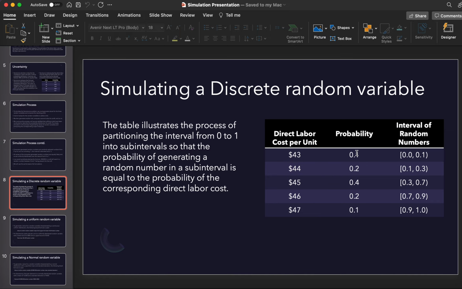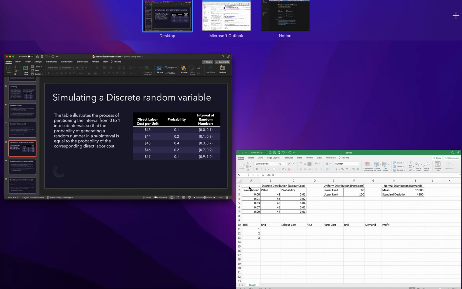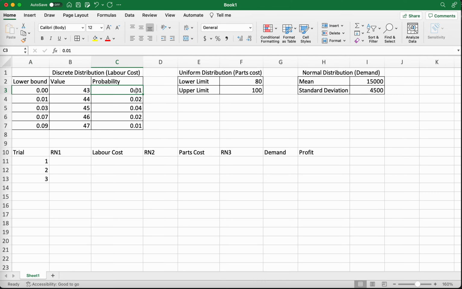Oh, I'm sorry, the probabilities should be 0.1, 0.2, 0.4, 0.2, and 0.1. I don't know why I wrote 0.01. There you go. So those are the values here. I guess we don't need two decimal places, just one. Those are the lower bound values.